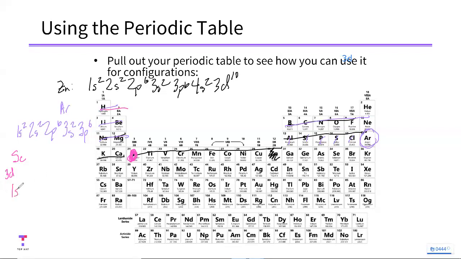Starting at the top, 1s2, 2s2, 2p6, 3s2, 3p6, 4s2, and now we're at 3d, and scandium is the first element in that group, so it's 3d1.